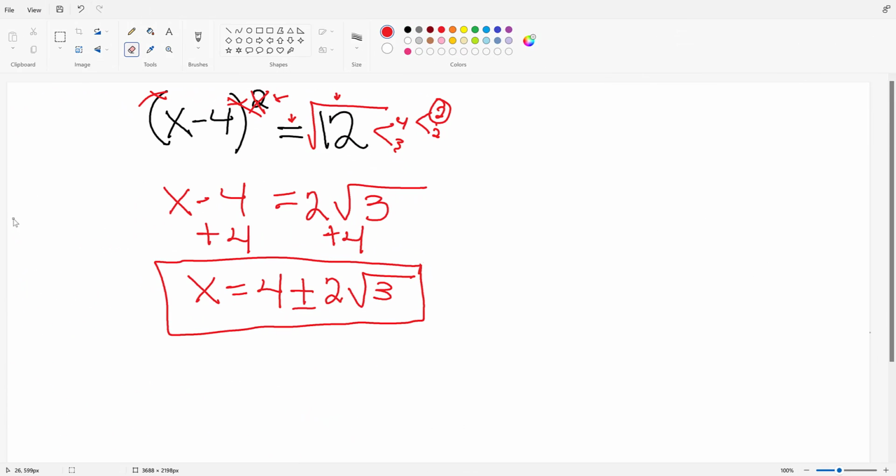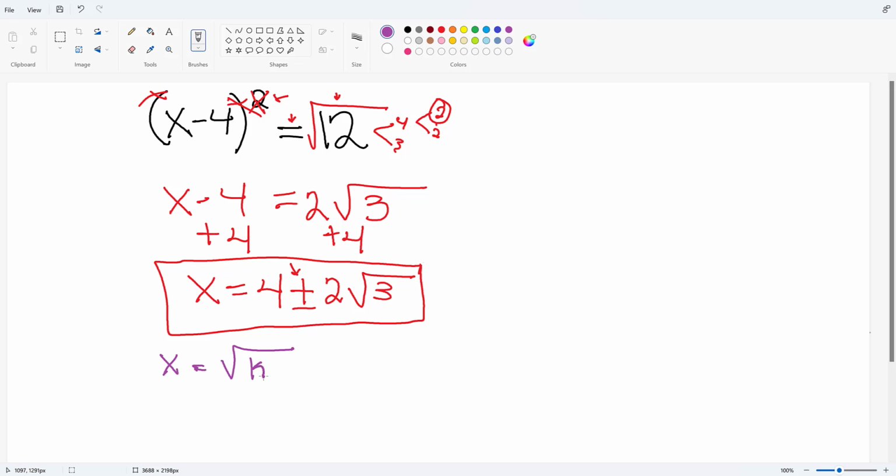Just in case you want the rule so that you can know about this plus or minus, I can actually give you the rule in purple. So here's the rule. The rule says x is equal to the square root of k.